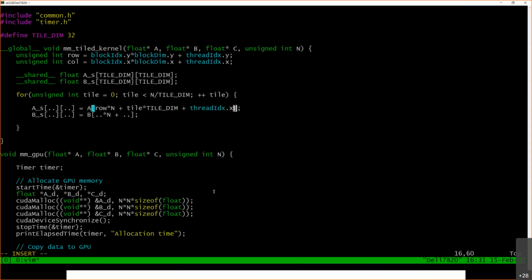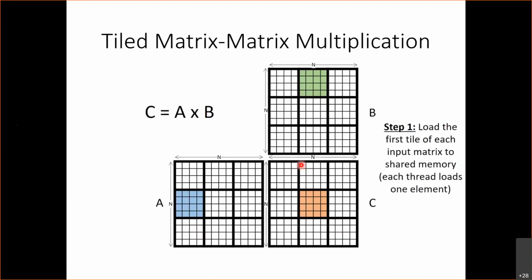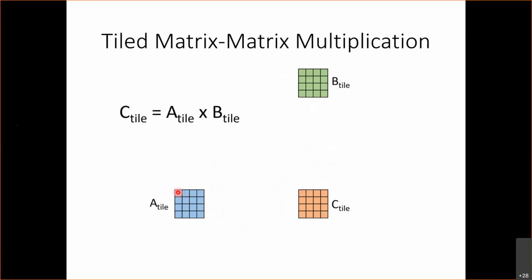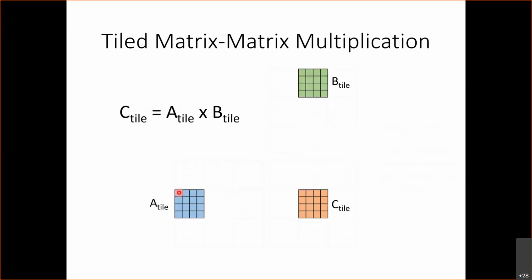Okay, and then where do I put this result? Well, if we go back to this illustration here, when this thread loaded this element from here, regardless of what tile this element was in, it always put it at element 0. So the thread that loaded the element at index 0, 0 in the tile is going to put the element at 0, 0 in the shared memory tile.